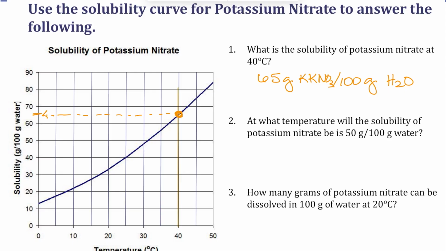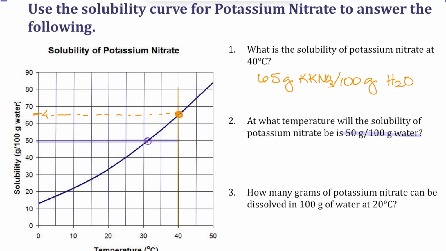Number 2, at what temperature will the solubility of potassium nitrate be 50 grams per 100 grams of water? Similar to the question we were just asked, but we are now going to use that 50 grams per 100. So going over here and seeing where that is intersecting on my graph, that intersection is right here.